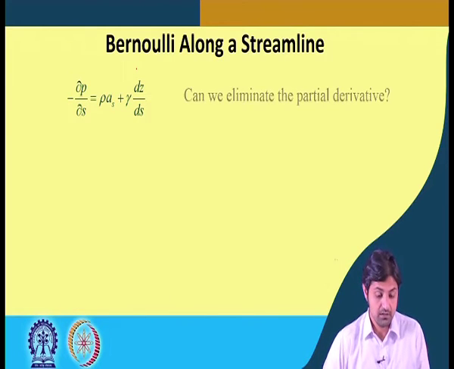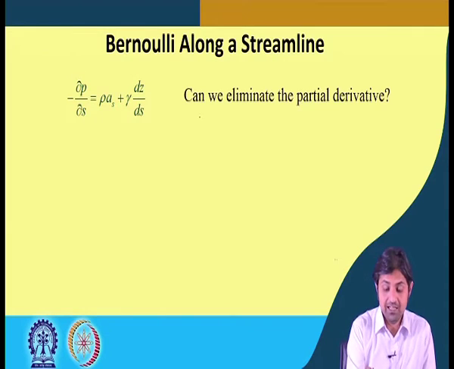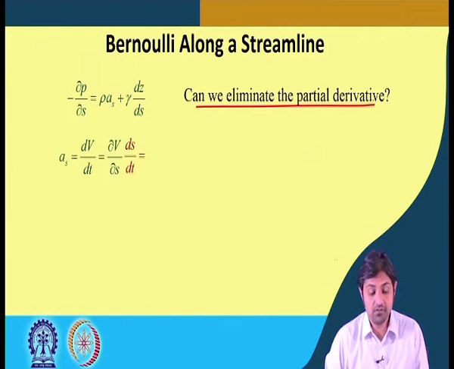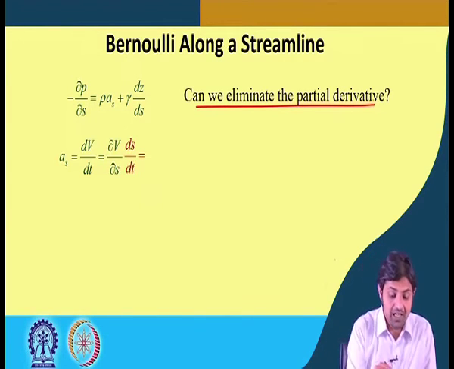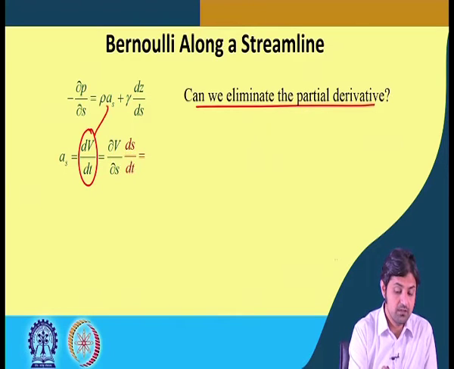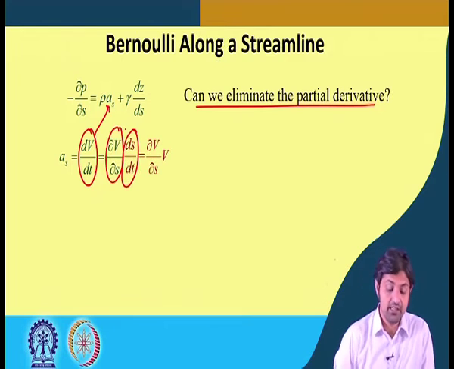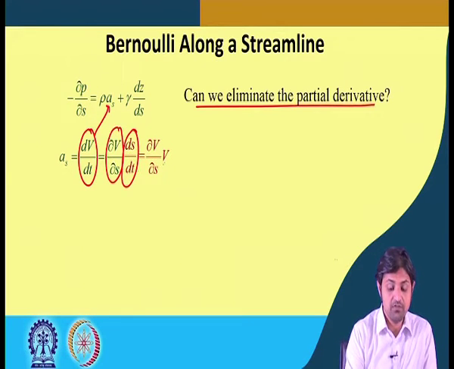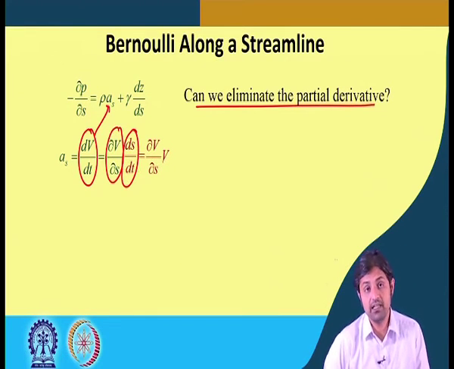Good. So can we eliminate this partial derivative? Yes. a_s is actually the total derivative dV dt, right, and this can be written as del V by del S multiplied by ds by dt, and this can be written as V del V del S. Okay.